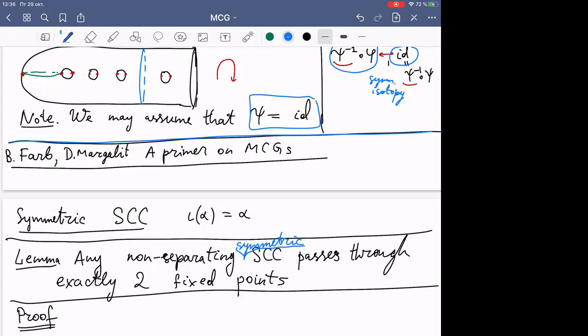Well, first, let us understand why it must pass through at least one fixed point, and then why exactly two. Look, I will consider the following chain of symmetric simple closed curves.